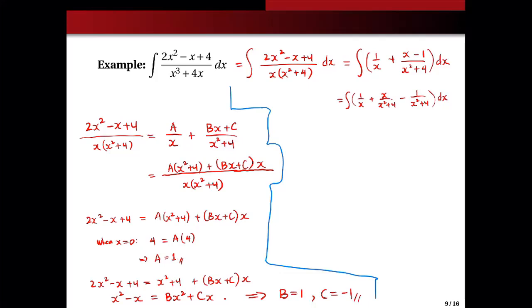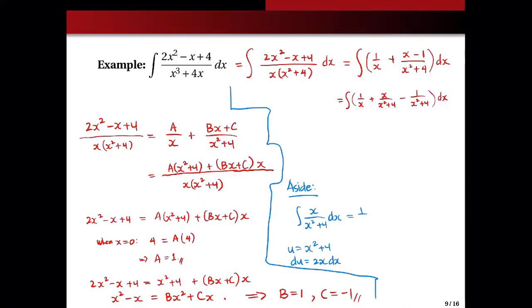So let's do that. Let's put some work in here. We want to integrate x over x squared plus 4 dx. So for this, we let u be equal to x squared plus 4. du is equal to 2x dx.